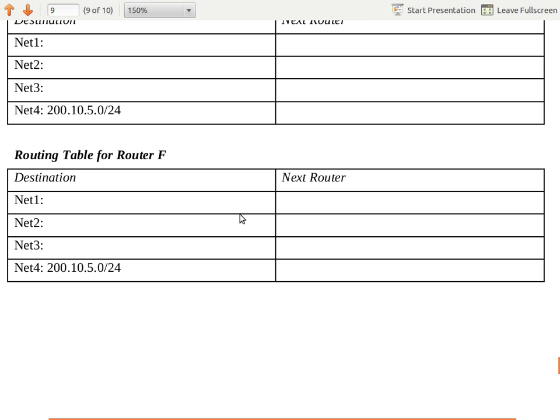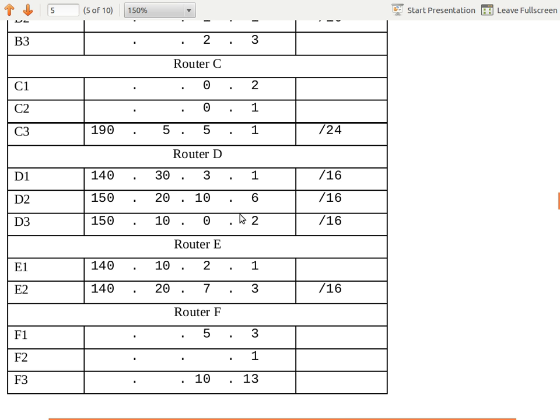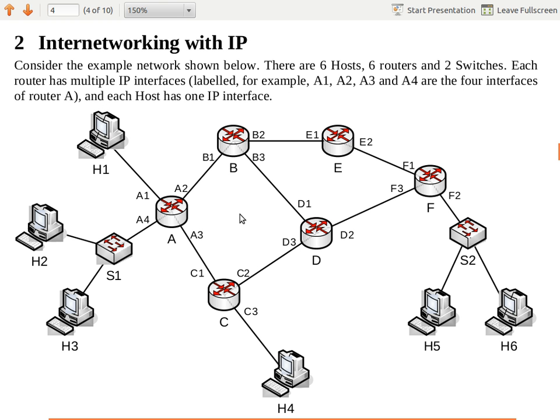Let's summarise on what we've done in these steps. Given an internet, we have multiple subnets. We assign IP addresses to the interfaces attached to each subnet. In particular, we assign IP addresses to hosts and interfaces of routers.